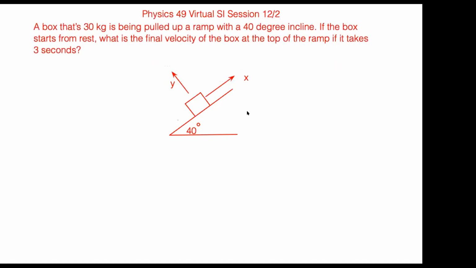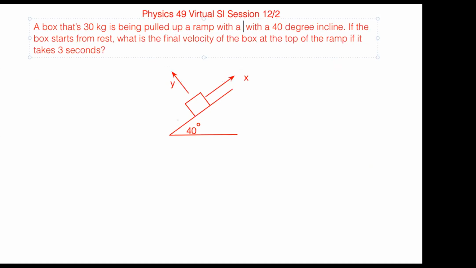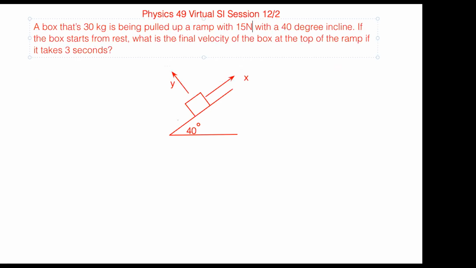Now we have a general picture or sketch of what's going on. With forces, we want to do something called a free body diagram, which shows what forces are being acted upon the object. From the problem, we have a pull force up a ramp with 15 newtons.